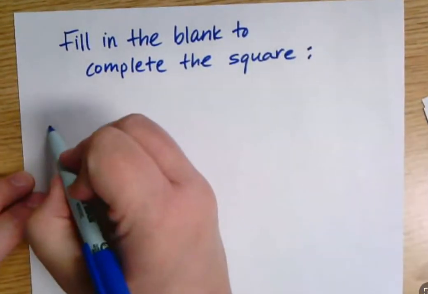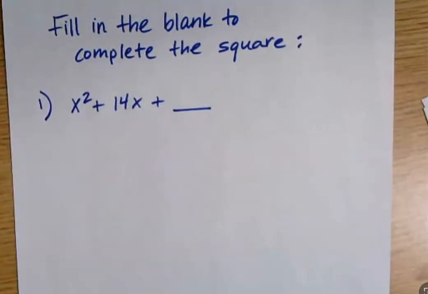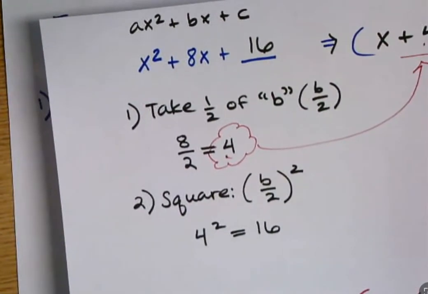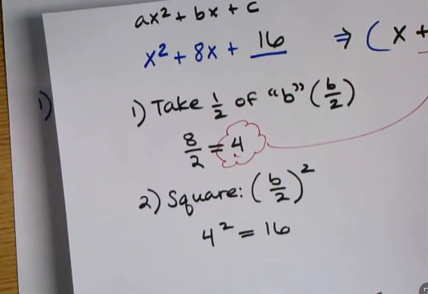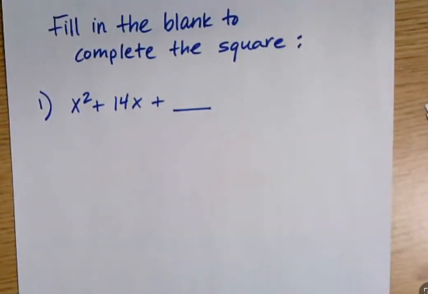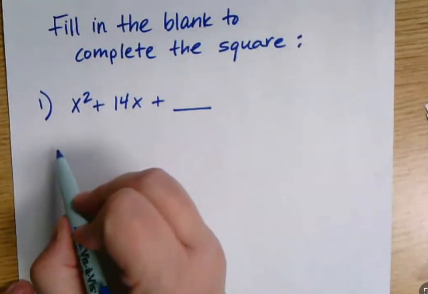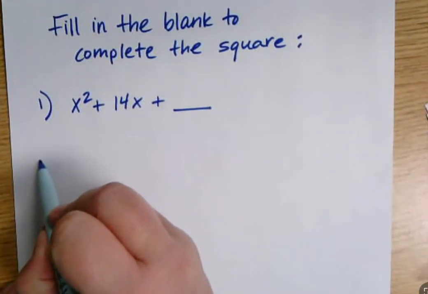All right. There is number 1. Go ahead and follow the same steps we did back here to figure out what goes in that blank. You may need to hit pause as we're going here because then I'm going to go on to the next one.